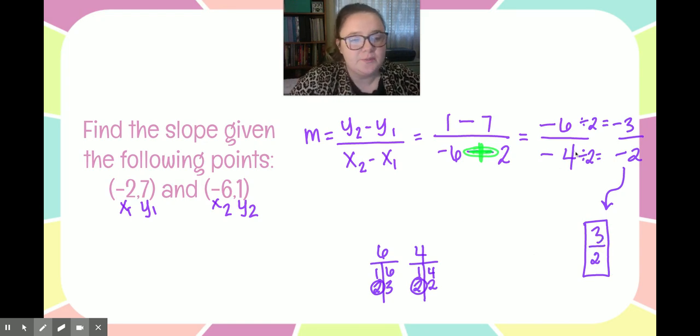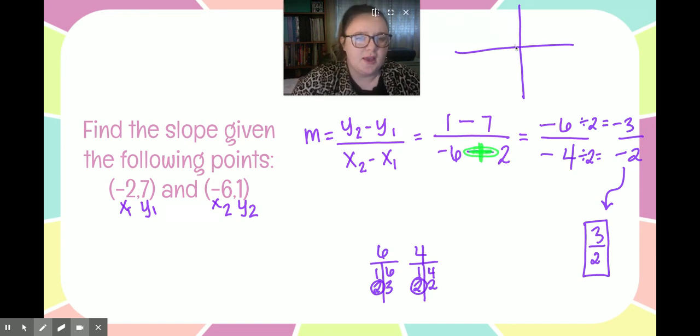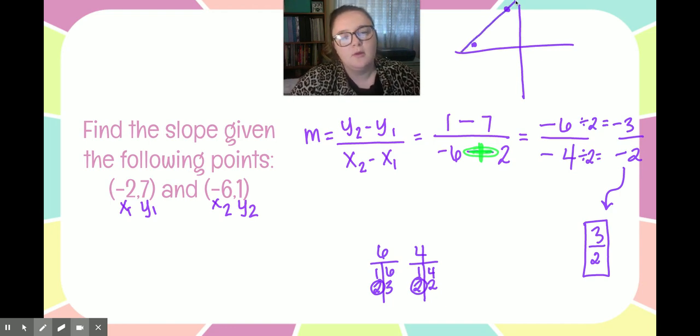And again, just to prove my point that a negative over a negative is a positive, if you wanted to make a quick sketch of these 2 points, right? And I recommend that. -2, 7. I go to -2 and all the way up 7. And then I make another point at -6, so -6, 1. If you made that quick sketch and you connect those 2 points, what type of slope is that line?